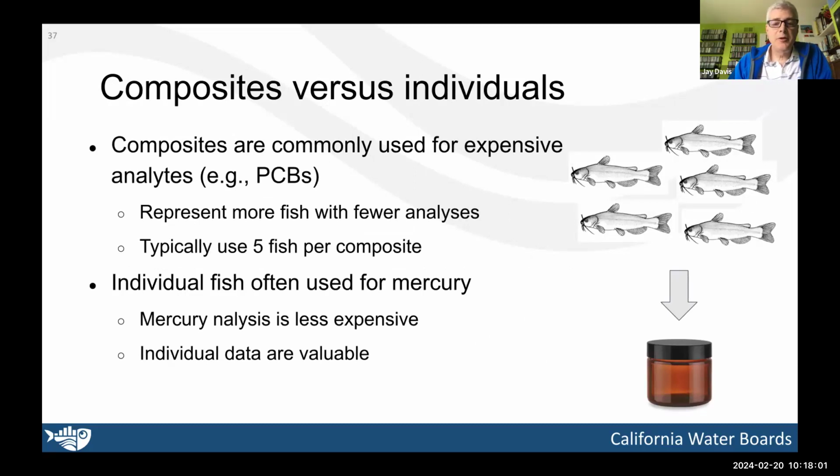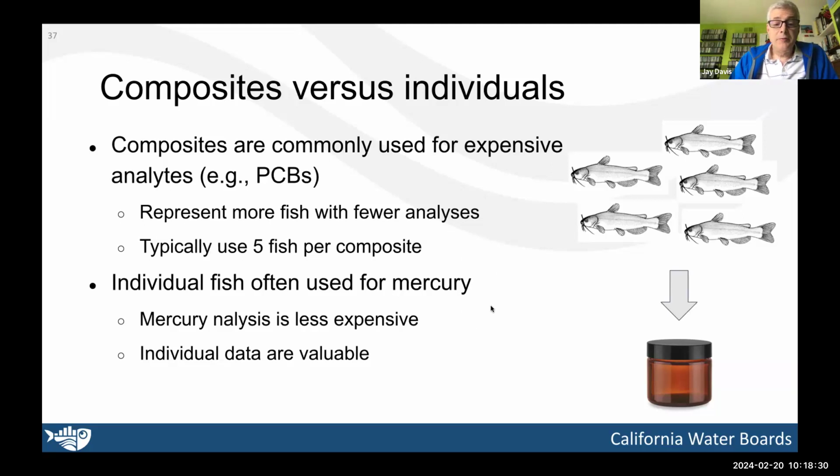You take a fillet from each fish and then combine them in a blender and make a homogenate. You can represent more fish with fewer analyses that way. We typically use 5 per composite in SWAMP and the RMP. So that's a great cost saving measure, but the data still are representative of the larger number of fish.